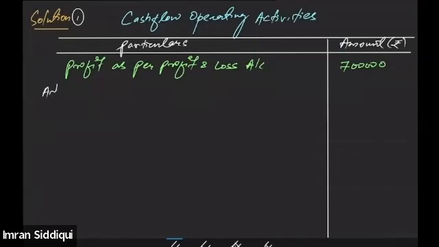Why are we adding it? Because we want the profit before tax and other extraordinary items. So we'll have to add this back. The amount that has been earlier transferred to general reserve needs to be added, 60,000.